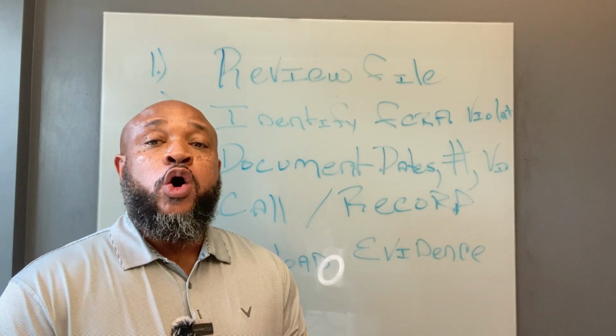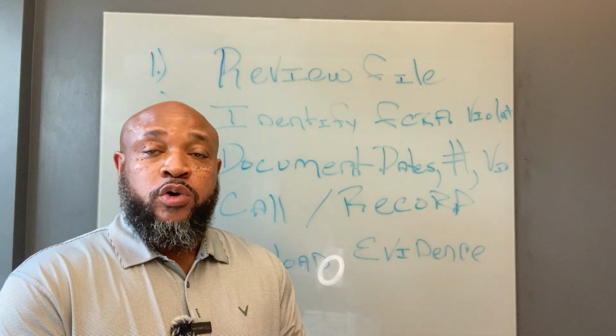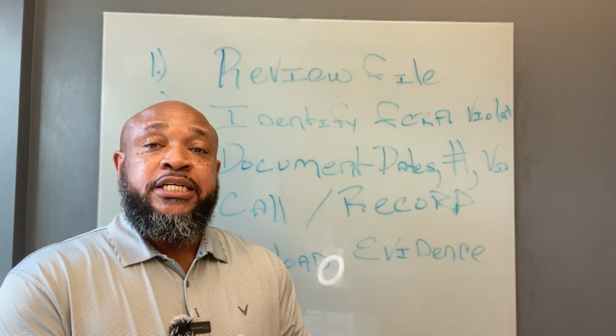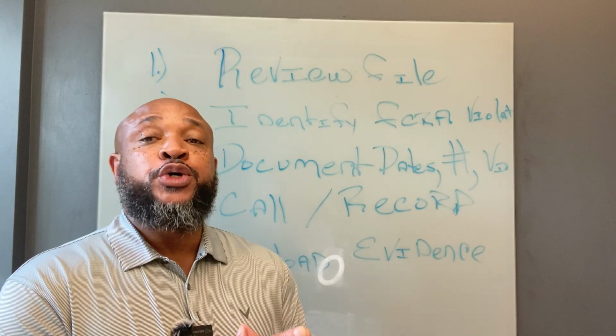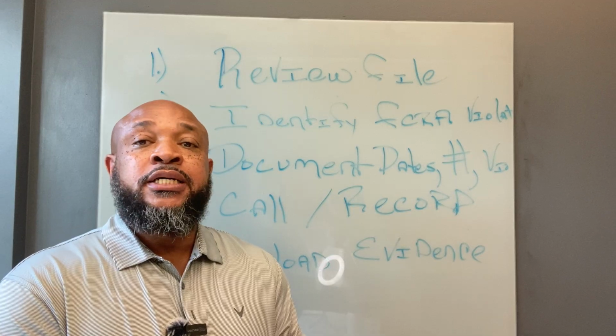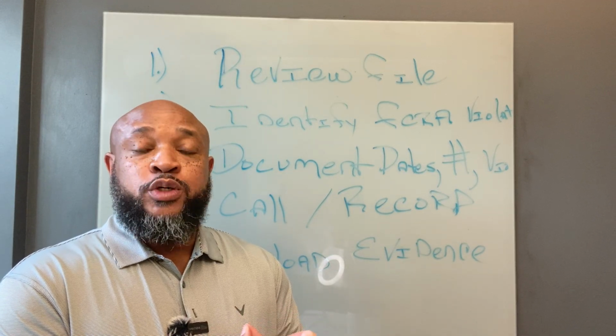You want to have all of those in front of you. What you're looking for are violations that you need to identify, so when you make the call, you'll have the ammunition necessary to get this account removed.